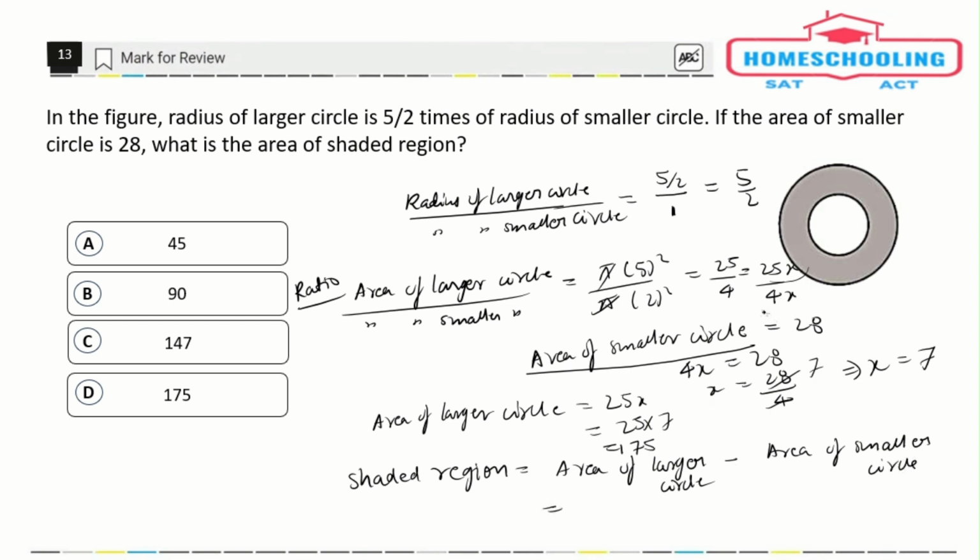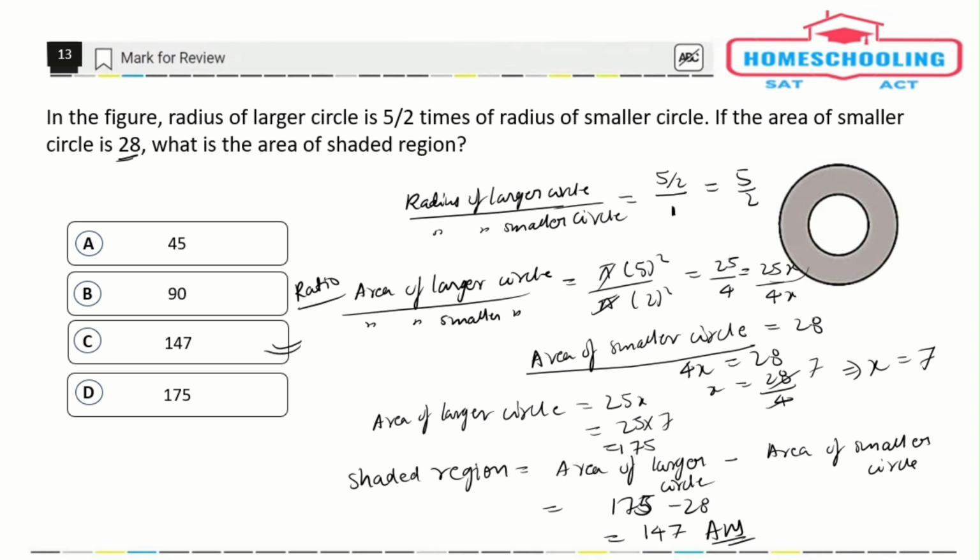As we know, the area of the larger circle is 25x, that is 175, and the area of the smaller circle was given in the question, that is 28. So 175 minus 28 is 147. So 147 is your answer. So option C is your correct answer.